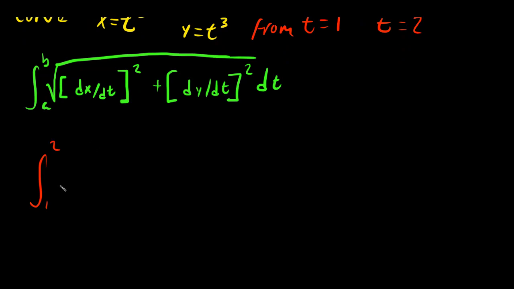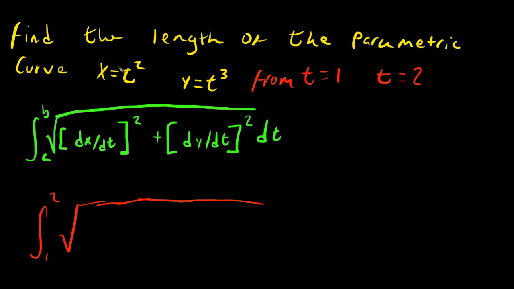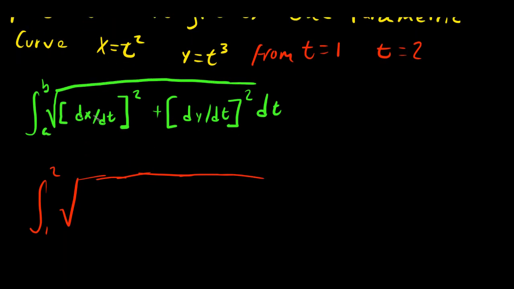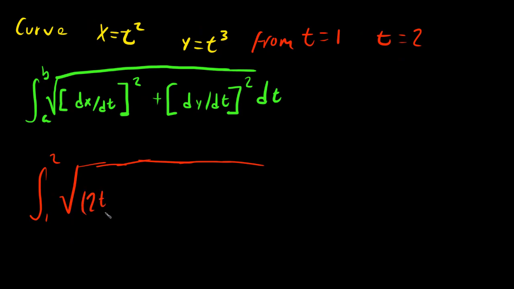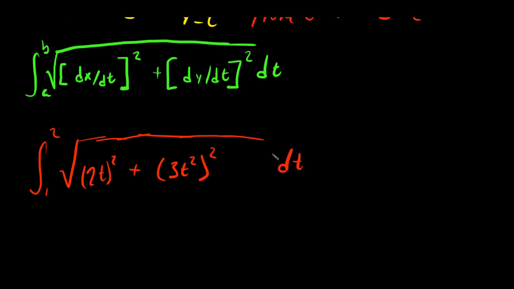So the integral from 1 to 2 of the square root of (dx/dt) squared, in this instance that's just 2t squared, plus (3t squared) squared, dt.